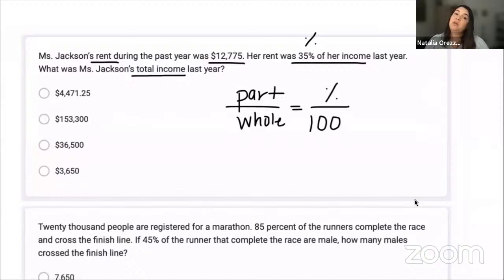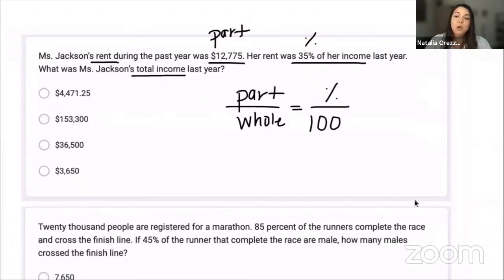So when you think about it, I know rent is expensive, so I don't want you to misunderstand me. But when you get a paycheck, does your whole paycheck go to rent? Or does part of your paycheck go to rent? Even if it's a big part, okay, good. So the rent is part, which means here the rent is going to be our part.